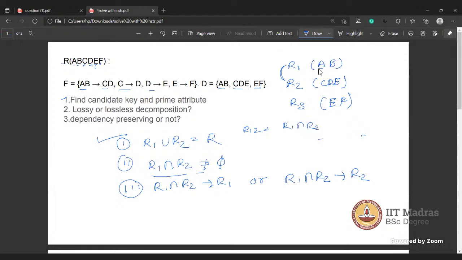There is A, B, and C, D. So there is no common attribute in R1 and R2. So this is a lossy decomposition. So everyone got it?